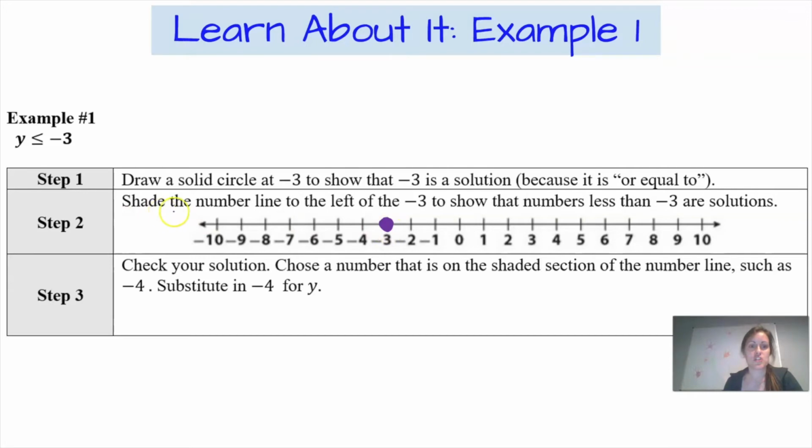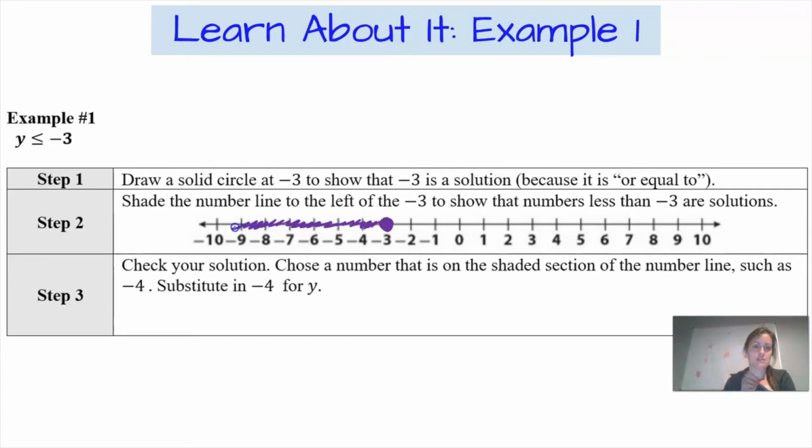Next, it says to shade the number line to the left of the -3 to show that numbers less than -3 are solutions. So I want to think about that for a minute. The numbers that are left of -3 are -4, -6, and all of those are less than -3. So those are all the values that make this inequality statement true.